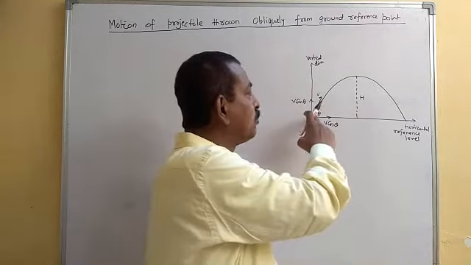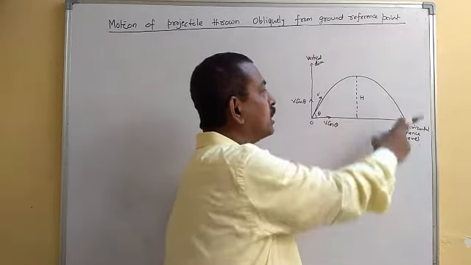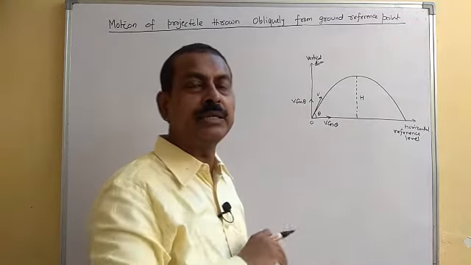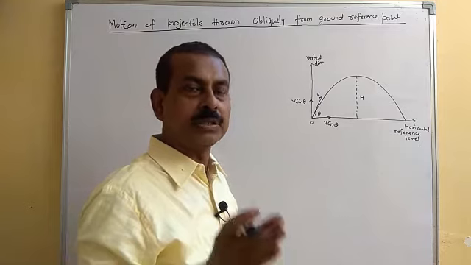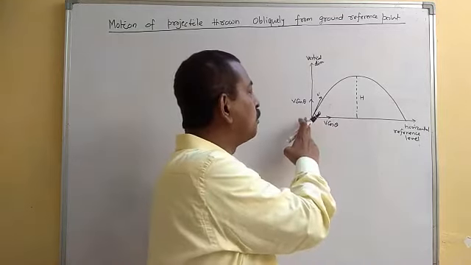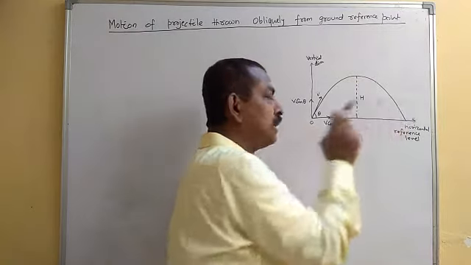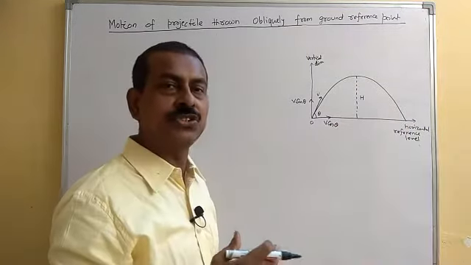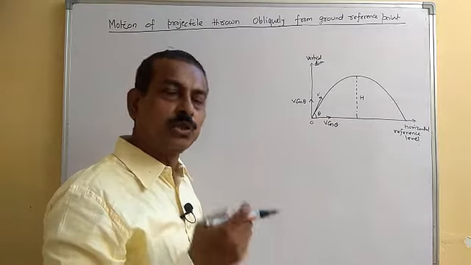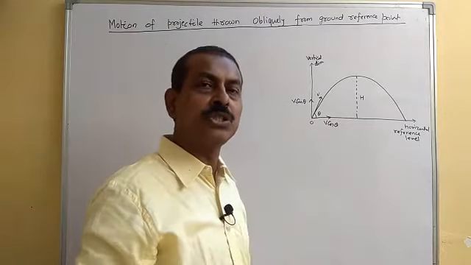There is a time of flight term used for the total time taken by the projectile in its entire motion. That is the time lag between the time at which it is thrown to the instant when it is ending its journey. So let's try to find out the expression for all these terms.